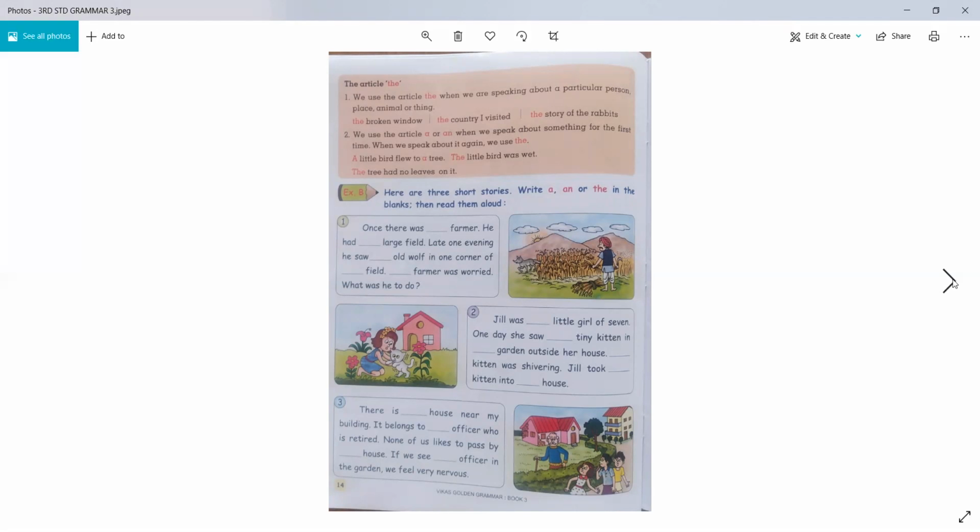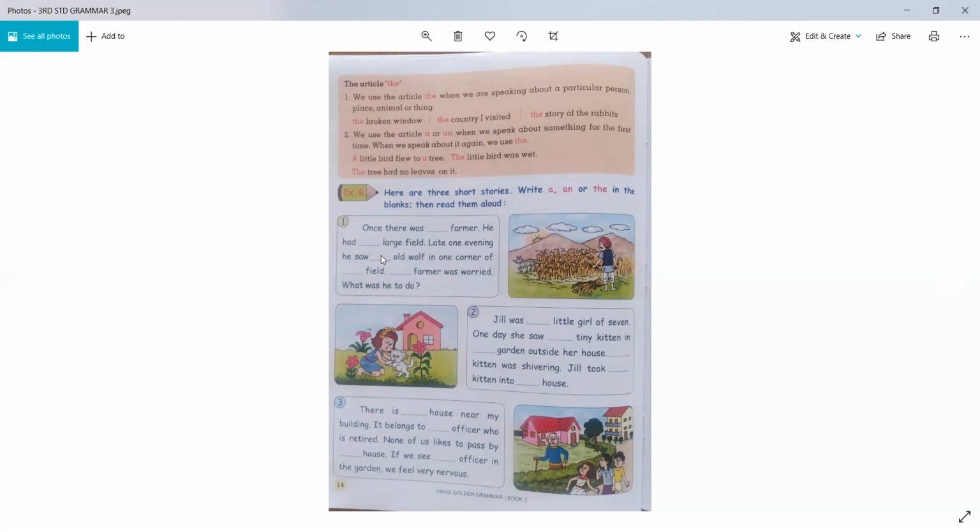Okay, once there was a farmer. What are we going to use here? A farmer. Here F is a consonant sound, and the farmer is single. So we are going to use a here: once there was a farmer. He had a large field. Late one evening, he saw an.